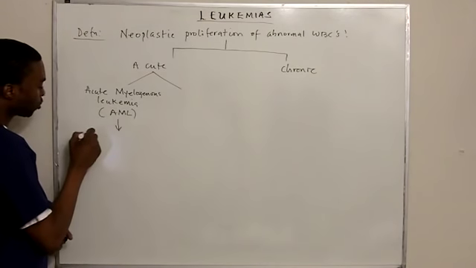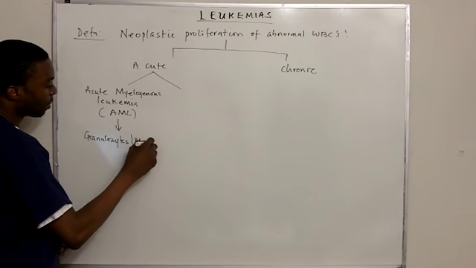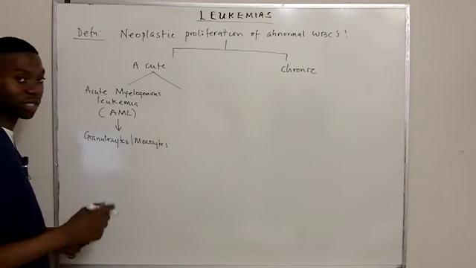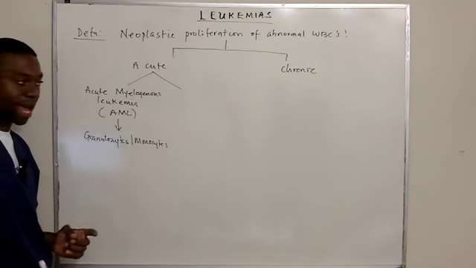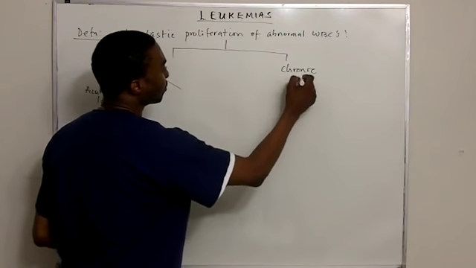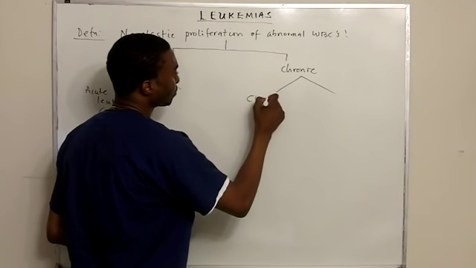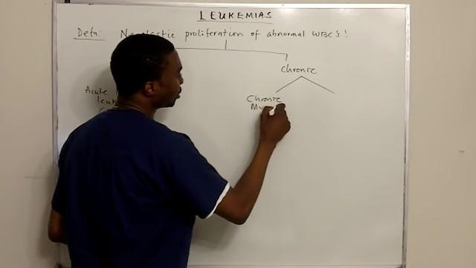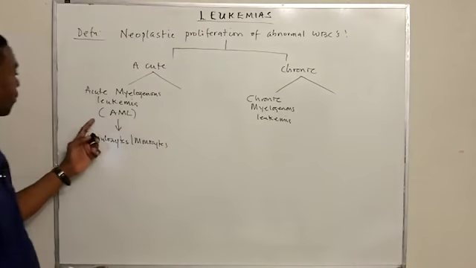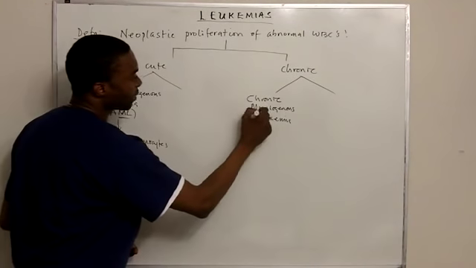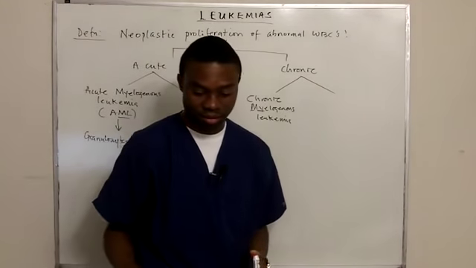But remember, this is when the granulocytes or the monocytes, remember monocytes are going to make macrophages and granulocytes are your neutrophils, they're affected, that's called myelogenous, that's AML. And we can also have chronic myelogenous leukemia. See that? So both of them are myelogenous, right? They have an M in there, which means the granulocytes or the monocytes are being affected.